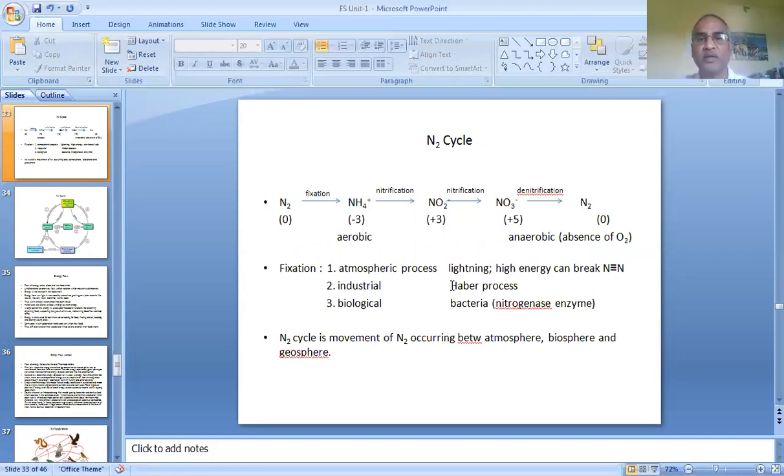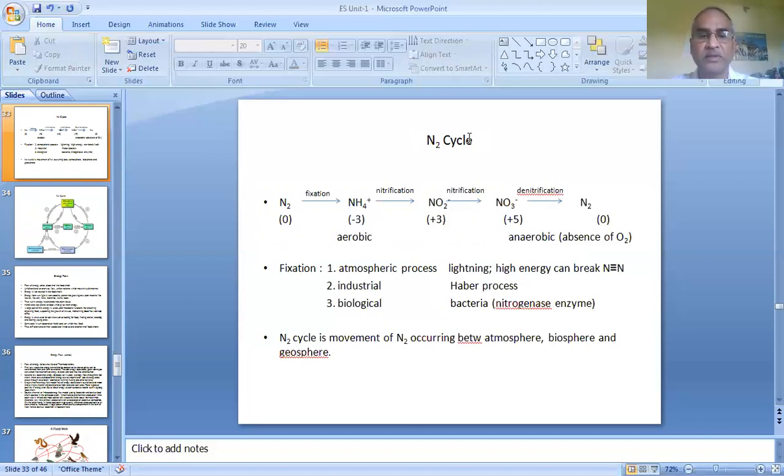Because of the triple bond, the two nitrogen atoms in the nitrogen molecule are bonded very strongly, and it's very difficult to break it. So there should be ways of utilizing nitrogen because it's an essential element which supports life.